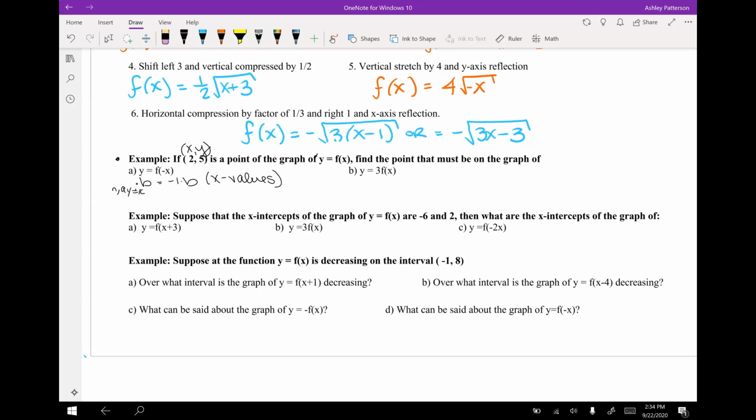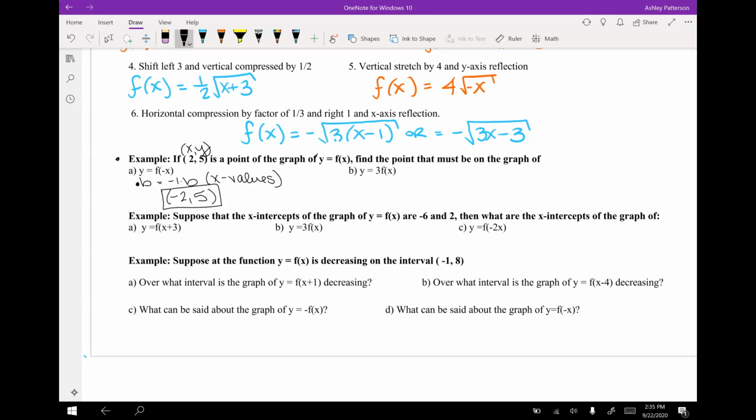I'm going to erase it because we don't need it, but just a visual reminder. Then that means our new point would be (-2, 5). And that's all it's asking you for. Why? The negative was on the inside. It means that our b was negative. Therefore, all of our x values are going to get multiplied by a negative.